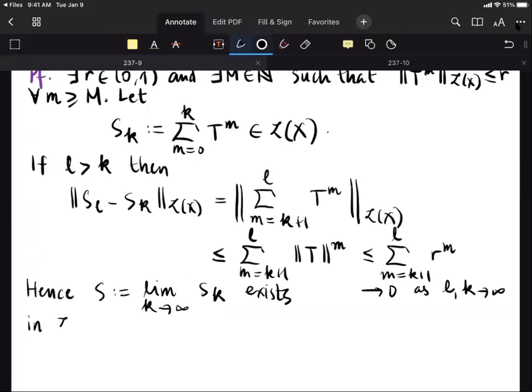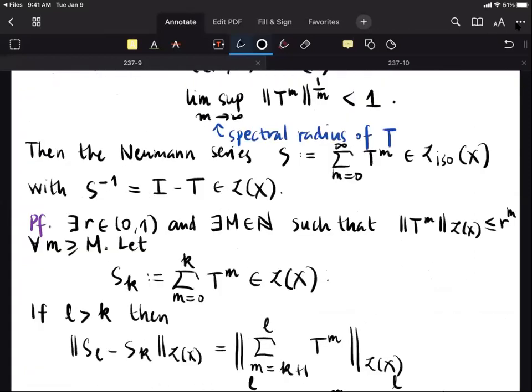So the limit exists in L(X) by completeness of L(X). And for this, of course, we need that X is a Banach space.